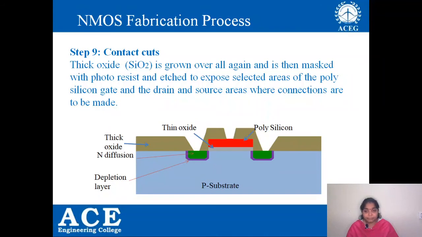For that purpose, you select a particular area in the source region, the gate, and the drain to form the metal contacts. To select those areas, you go through thick oxide layer formation, then photolithography and etching. By going through these three processes, you can select the area where you require the contact cuts. Okay.